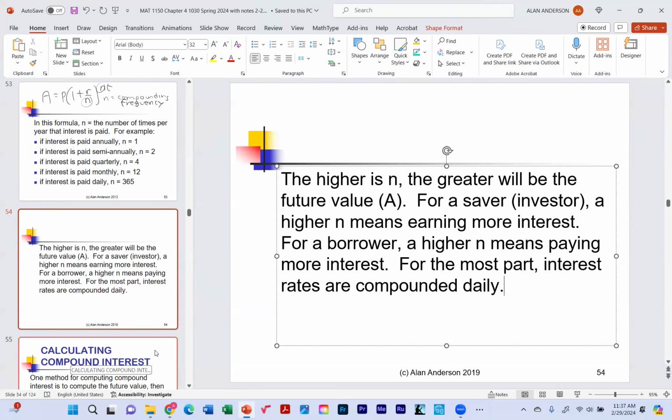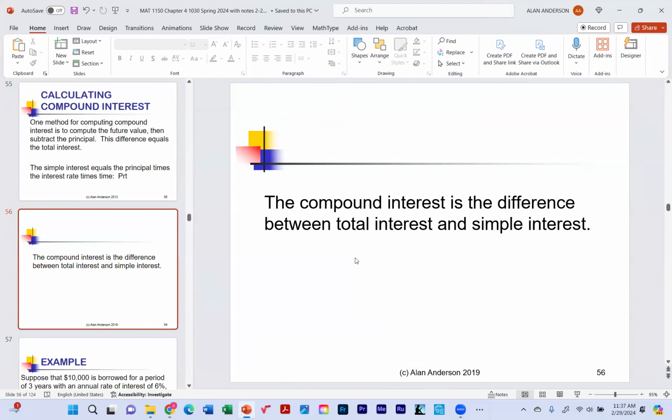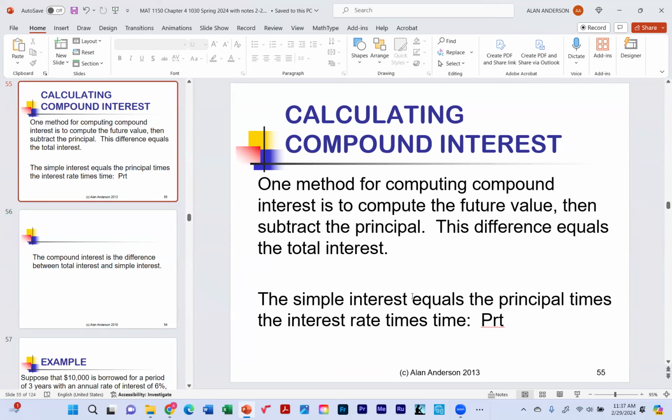Now, we're going to introduce a formula for calculating simple interest first, and then we'll focus our attention on compound interest. So simple interest is principal times rate times time. Let me write this here.